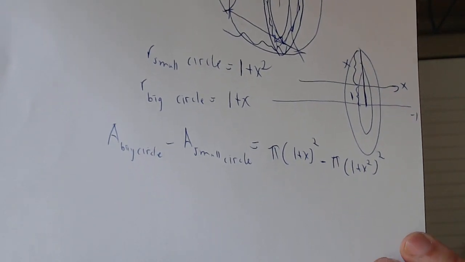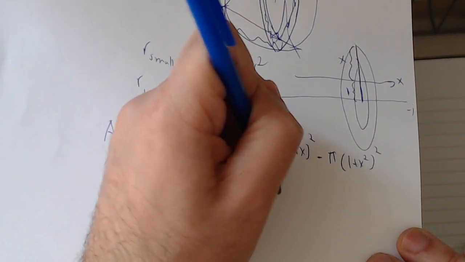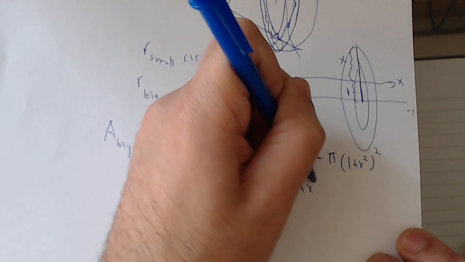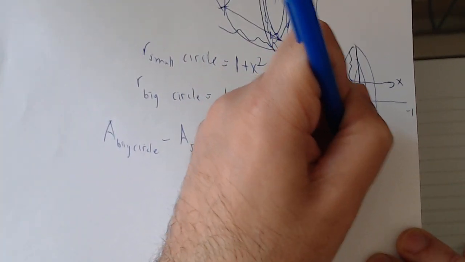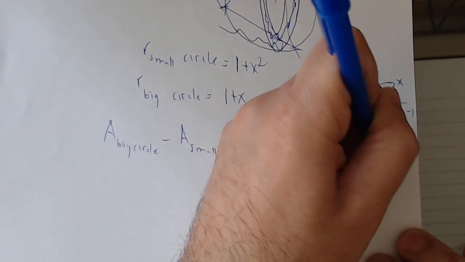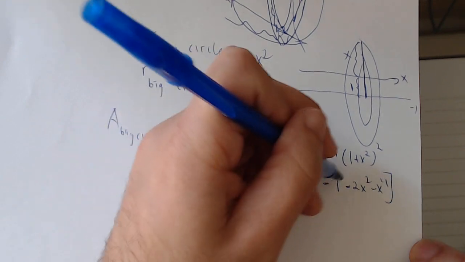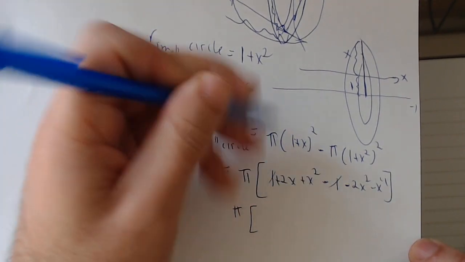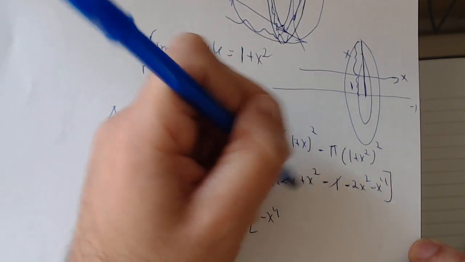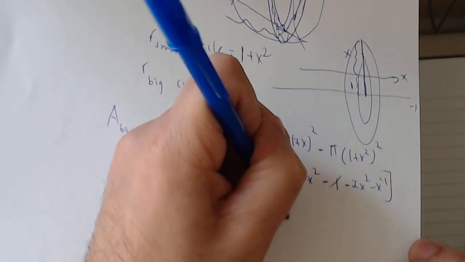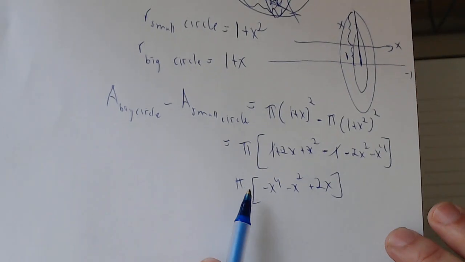Okay, and then we could simplify this if we want. We could factor out a pi, and then square this, so that becomes 1 plus 2x plus x squared minus 1 minus 2x squared minus x to the 4th. What you notice is these ones cancel out, and I get pi times, what does this become? Negative x to the 4th, and then negative 2x squared plus x squared is negative x squared, and then plus 2x. So that's my area of the cross section.